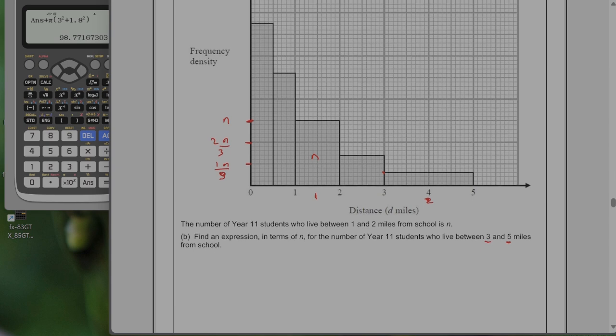So we want to do then 1/3 of n, or n over 3, times by 3/5, because that's 3/5 of a square, times by 2.